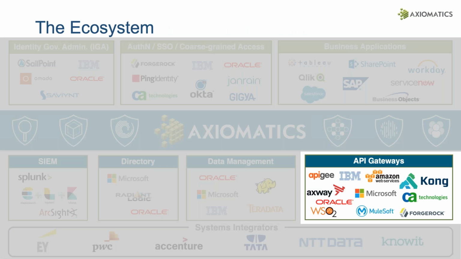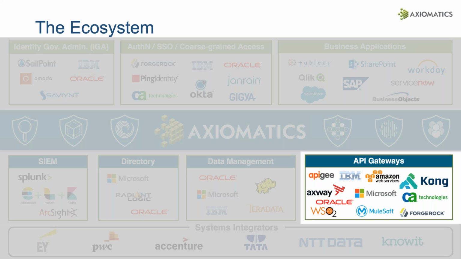This is a big slide. What we're focusing on in the conversation today is API gateways and specifically Apigee. We've done integration with a number of market-leading API gateways. We have, I think, most of what we've worked with on this slide here.